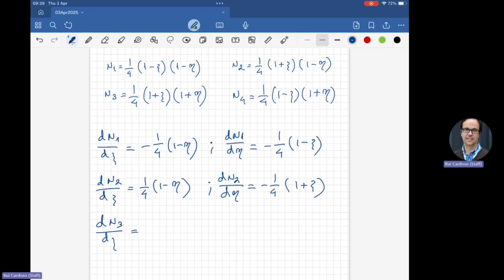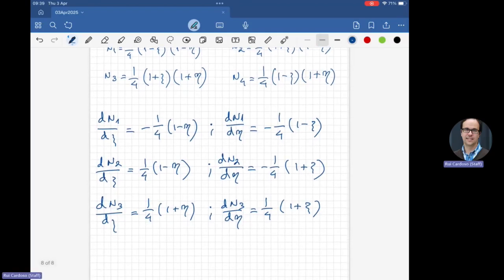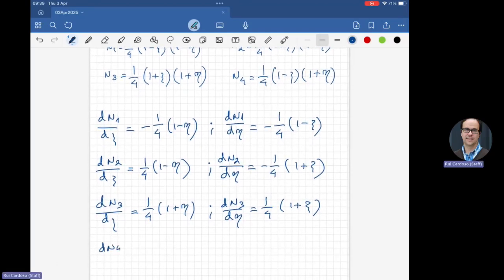Derivative of the third shape function in order to c is 1 over 4, 1 plus eta, and in order to eta is 1 over 4, 1 plus c, right? And the last one is the derivative of n4.